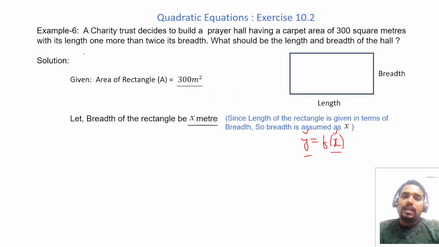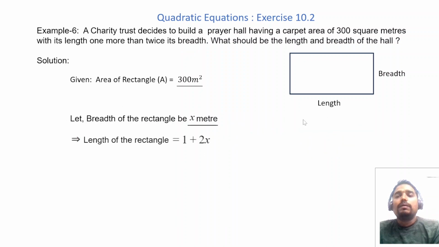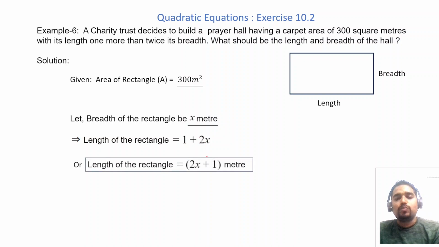That is why I have assumed breadth to be x meters. Now the length would be 1 plus twice its breadth, that is 2 times x, so the length is 2x plus 1 meters.